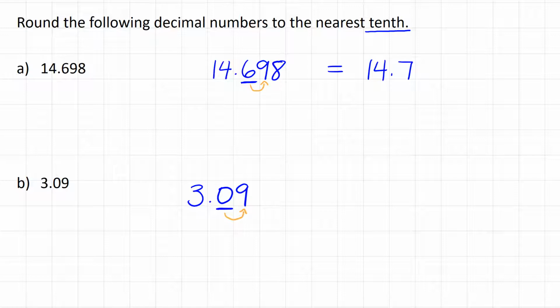So for this one, my final answer will be 3.1, and notice how it's only one decimal place after the whole number, and that's because we wanted to round to the nearest tenths. Let's do a couple more examples.